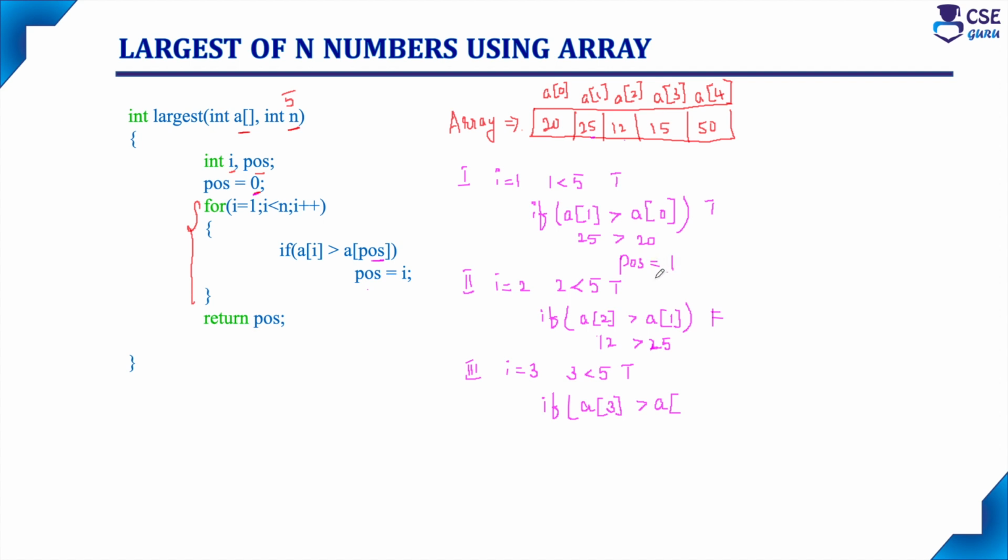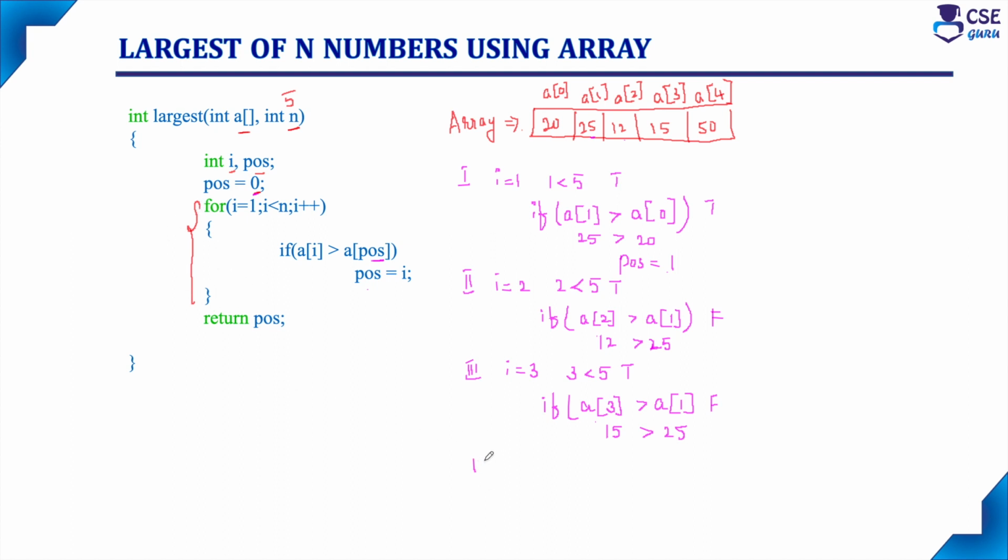Only in the first iteration of for loop, this position got changed, since the ith position value was greater than the previous position value. So in this iteration, we have not changed the position value. So A of position is same, that is 1 only. So A of 1, and A of 3 position value is 15, greater than A of 1 position value 25? Condition fails. So no change in this position. And control will be transferred to for loop again.